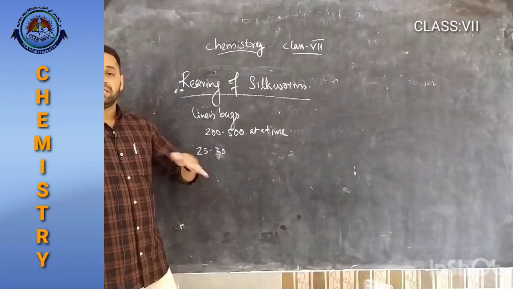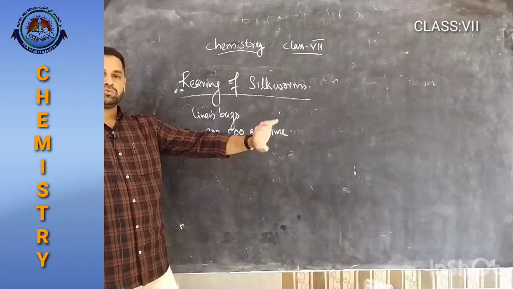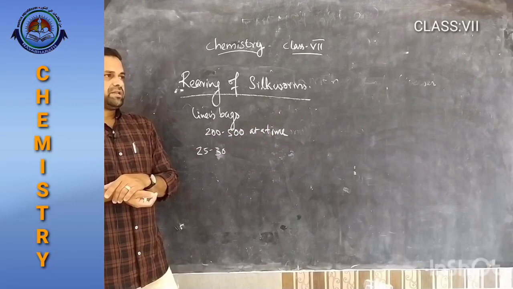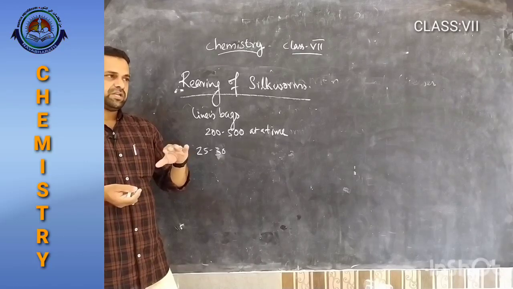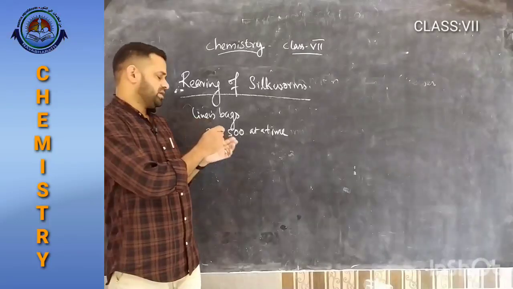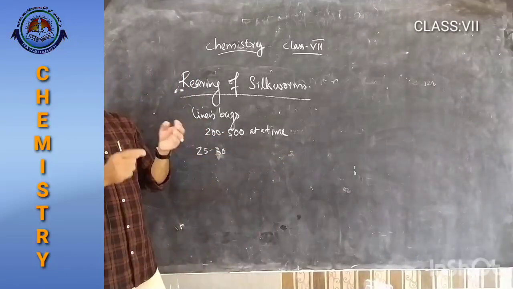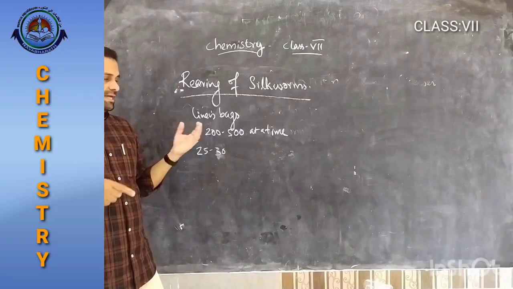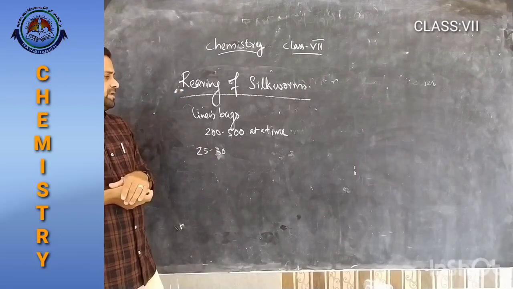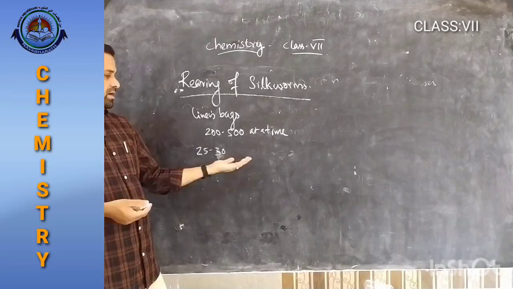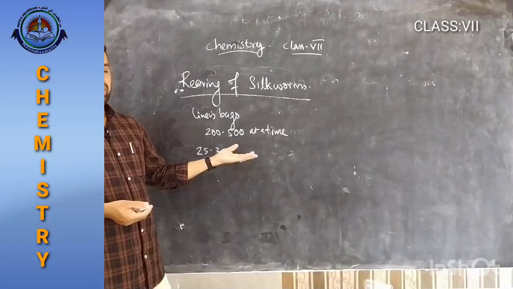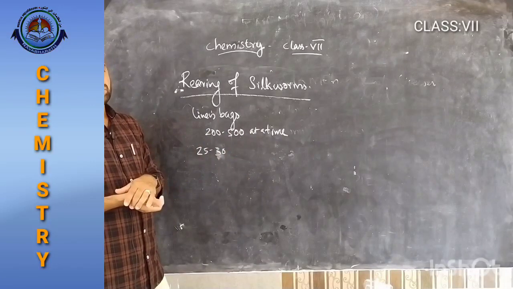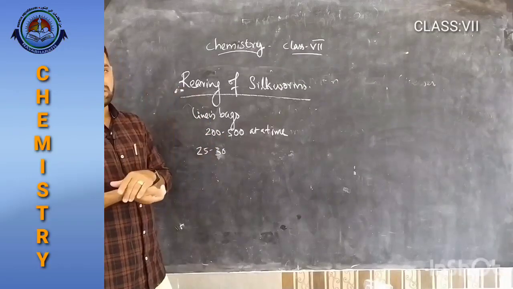Different trays are arranged in these racks, because in those separate racks they will make cocoons. Then after that, each silk larva is converted into a pupa. So this is the rearing of silkworms.